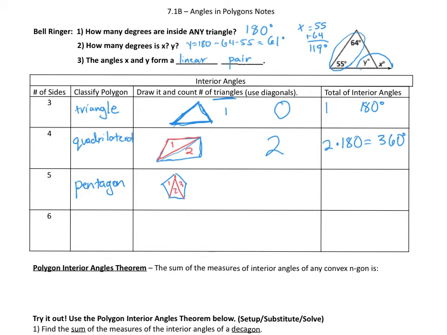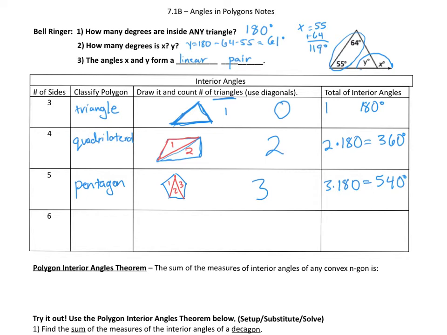Here's 2. So that gives us 3 triangles altogether. So then the sum of all the interior angles is 3 times 180. That gives me 540 degrees for the sum of all the interior angles.